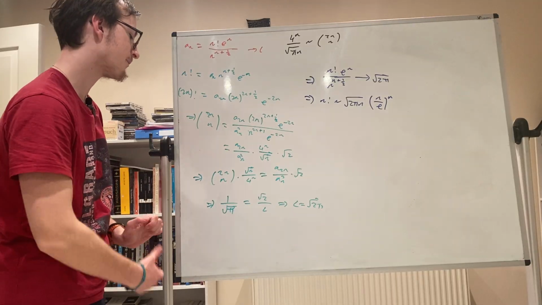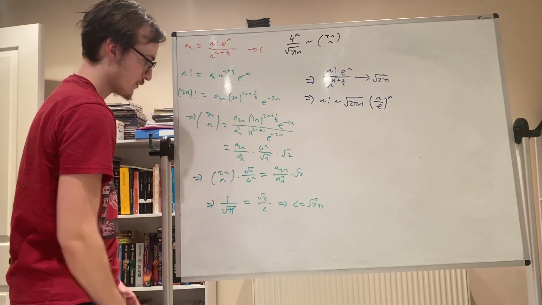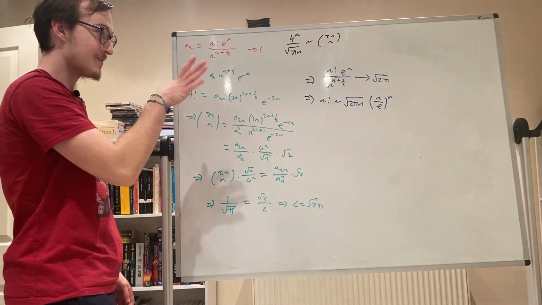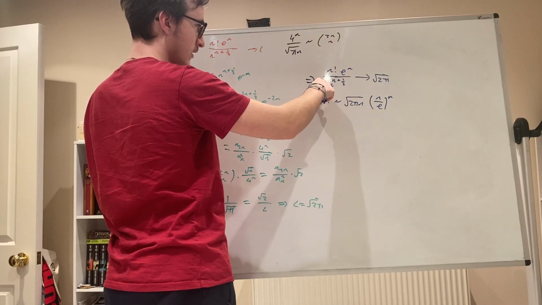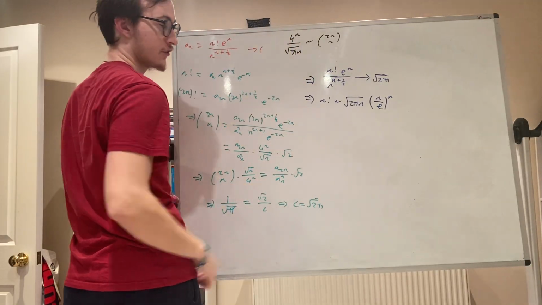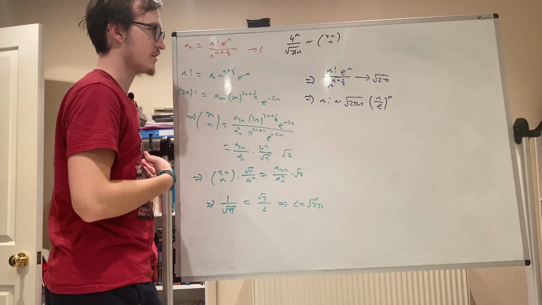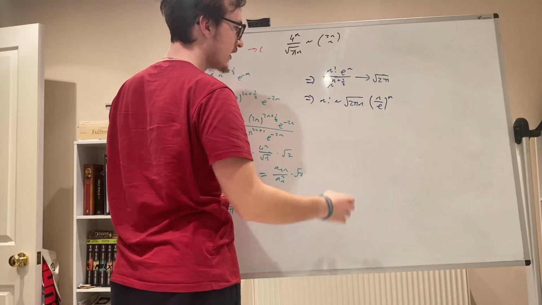And so indeed, what we get if we rearrange this is that L, the thing that this goes to in the limit, is just root 2 pi. Namely, we get that n factorial over e to the n over n to the n plus a half in the limit as n goes to infinity goes to root 2 pi. And therefore, if you rearrange this to get n factorial by itself, if you multiply by n to the half, you get this.